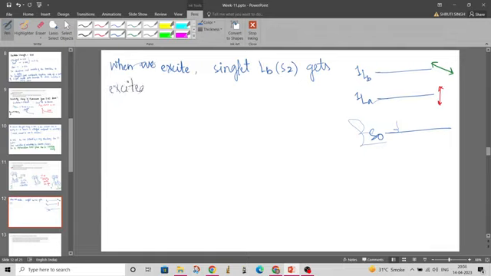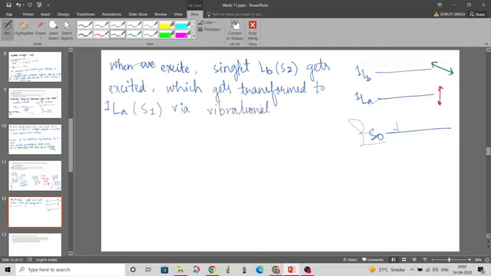It gets excited, and then it gets transformed to the 1LA state, which is the S1 state, via vibrational cooling or vibrational relaxation in 0.2 picoseconds.